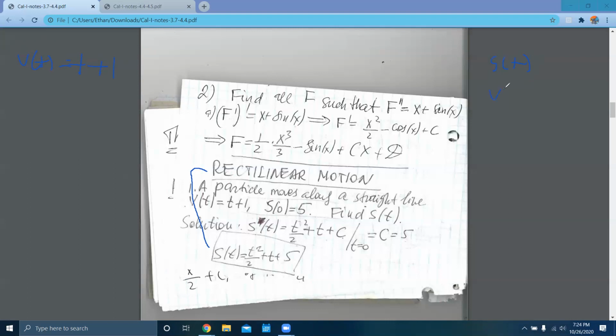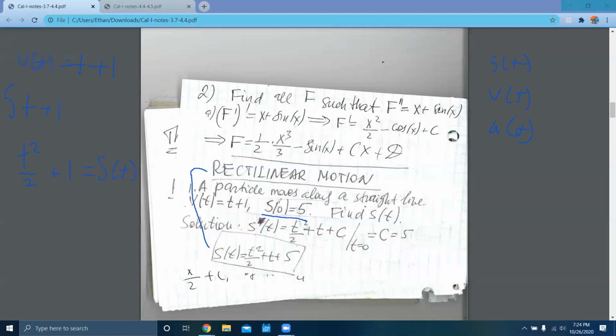But the derivative of this is velocity, v of t, and the derivative of that is acceleration, a of t. So we're given v of t, and we need to find s of t, so we can plug that number in. So take the antiderivative of t plus 1. We get t squared over 2 plus t, and this is equal to s of t.